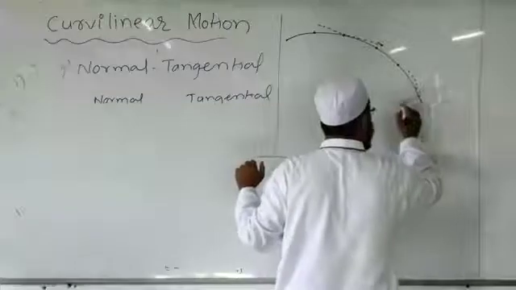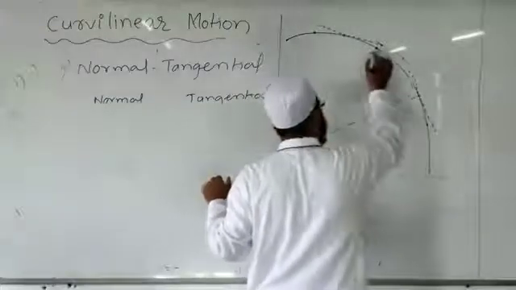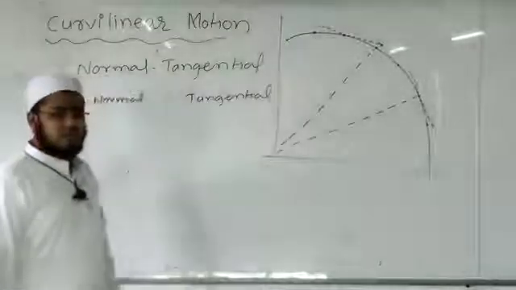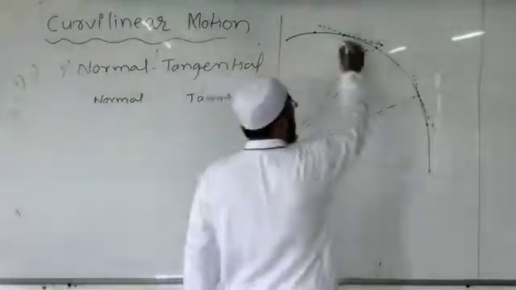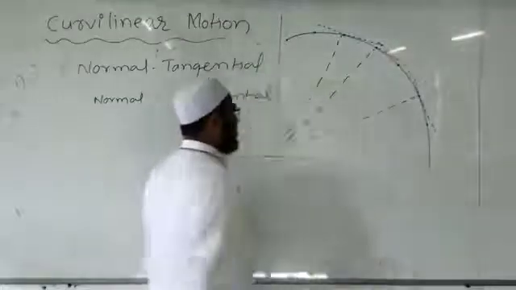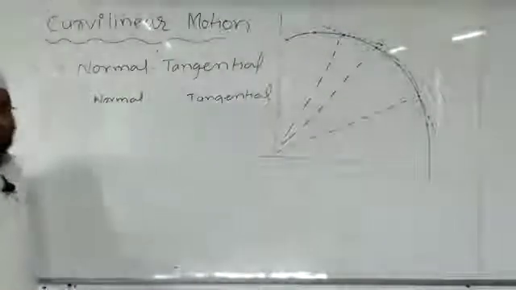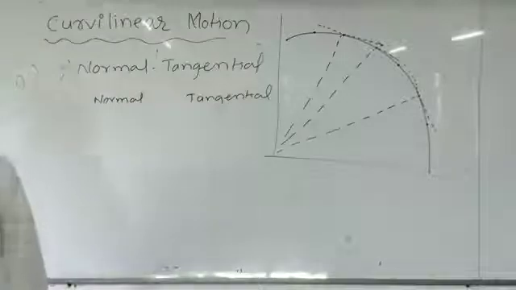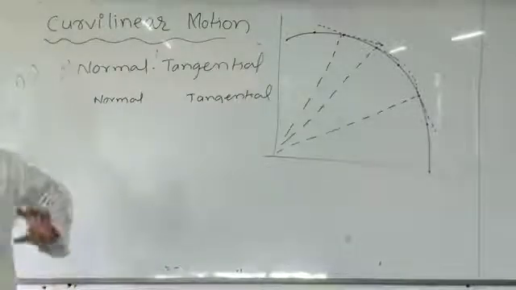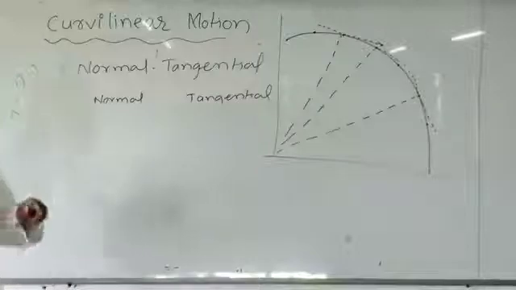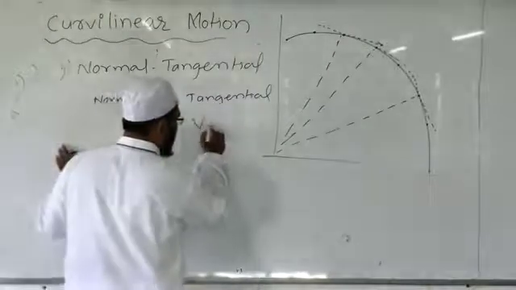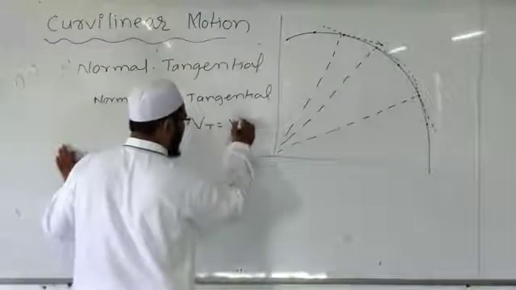There is no movement in the normal direction, towards the center of the curvature. At all the points, it is in the tangential direction. That's why the velocity in the tangential direction is the velocity itself.